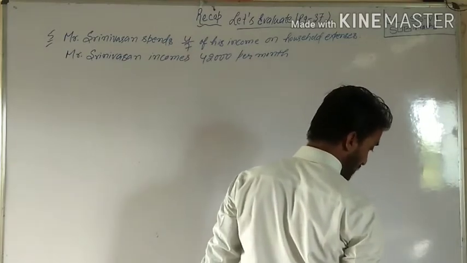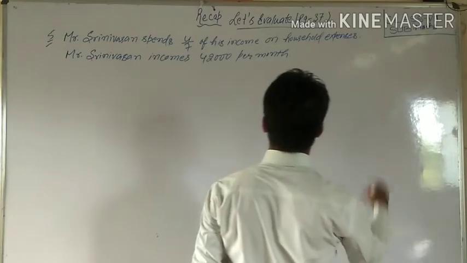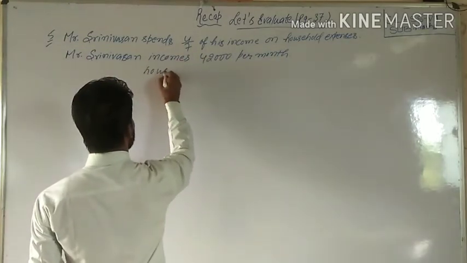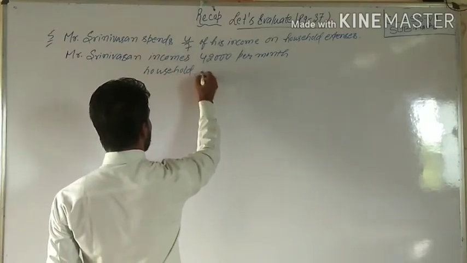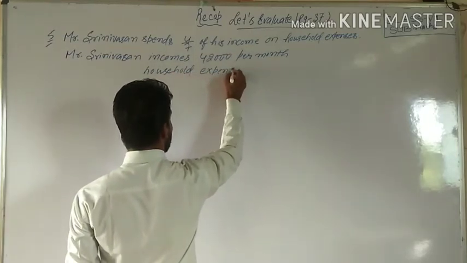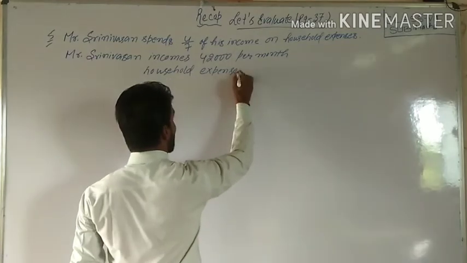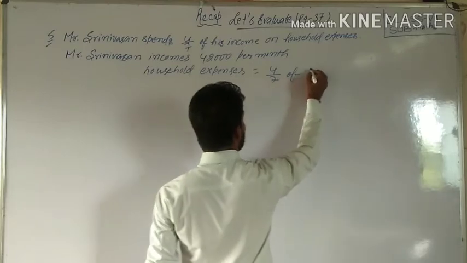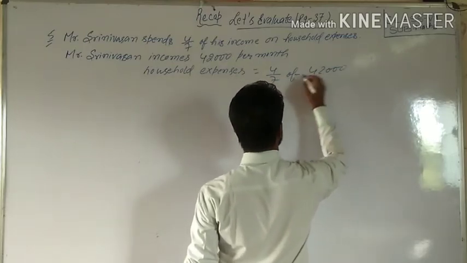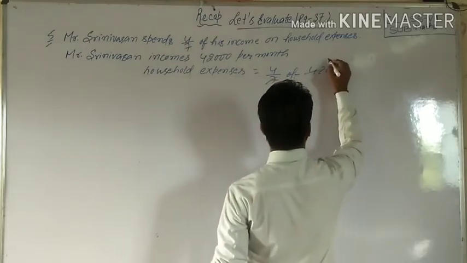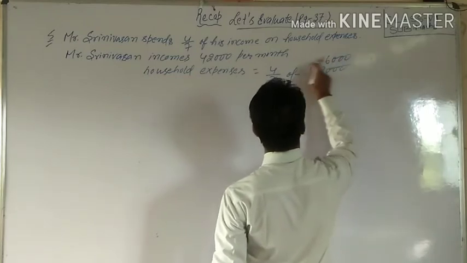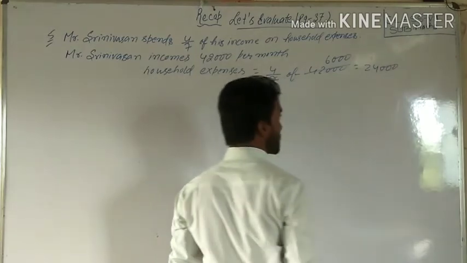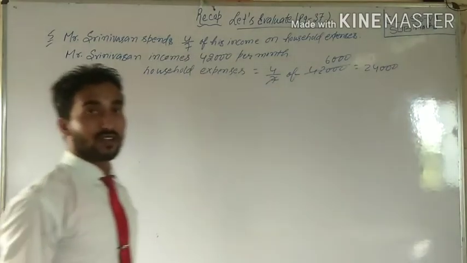Okay students, see what will happen. Household expenses were 4/7 of 42,000. It means 7 sixes are 42, 6 fours are 24, so 24,000 is his expense on household.